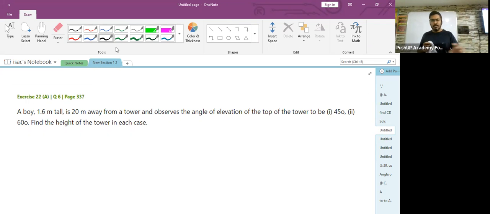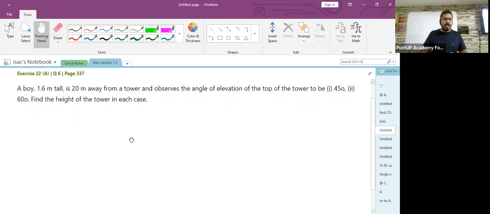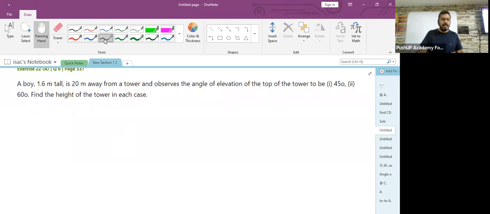Okay, let's do one more sum, children, because we have 4 more minutes. Let's solve it in the next 4 minutes. A boy 1.6 meter tall. Let me draw the boy first, who is 1.6 meter tall.